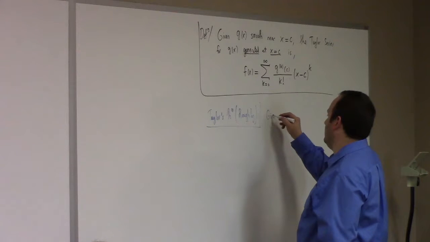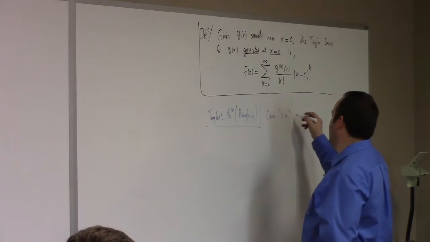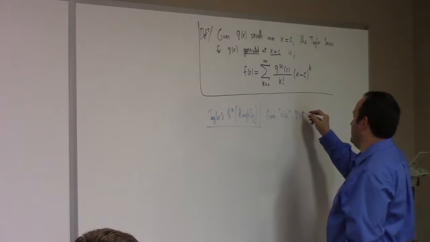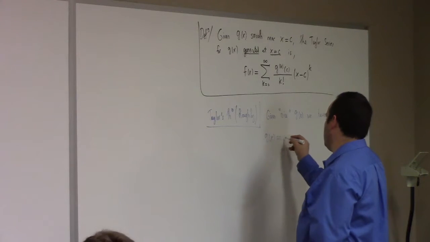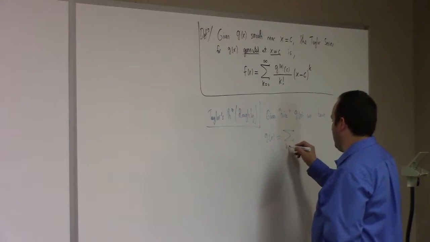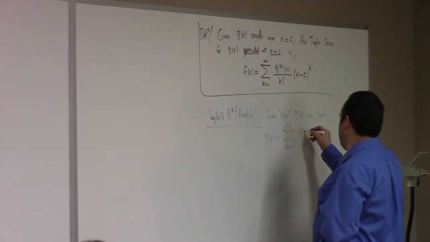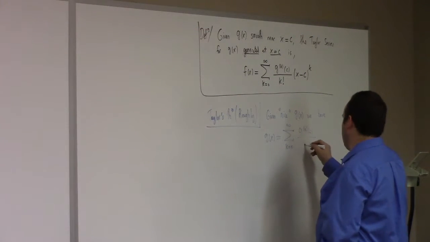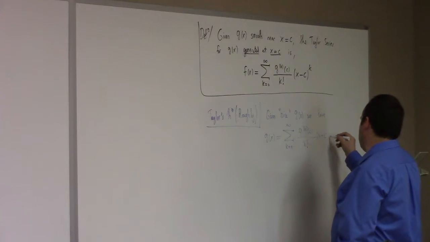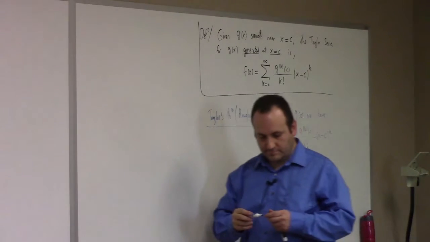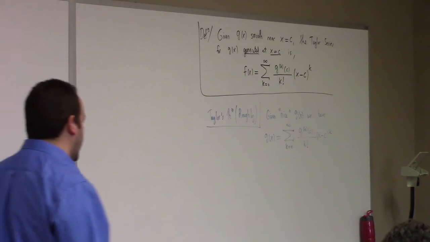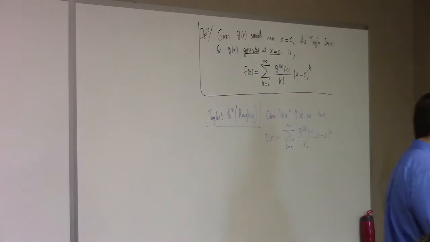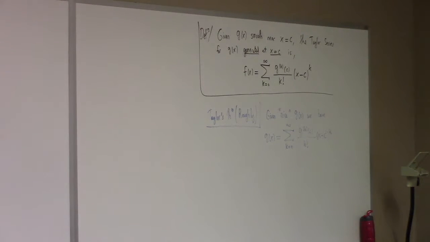Given nice g of x, we have g of x is equal to the sum k equals 0 to infinity of the kth derivative at c divided by k factorial times x minus c to the k power. In other words, let me put it into words. Taylor's theorem says that the Taylor series generated at c reproduces the function g of x near c.